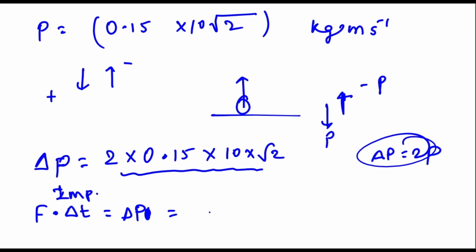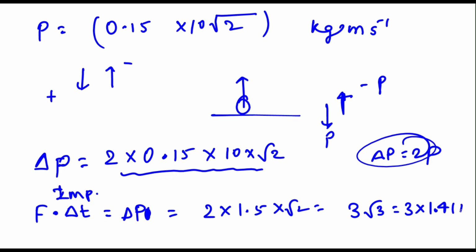It will be 2 into 1 into the square root of 2, then 2 times the square root of 2, then 2 into 1.414. Okay, let's keep it up to here only. So it will be nearly 2.8 units, and the unit is kg meter per second. This is the magnitude of impulse.